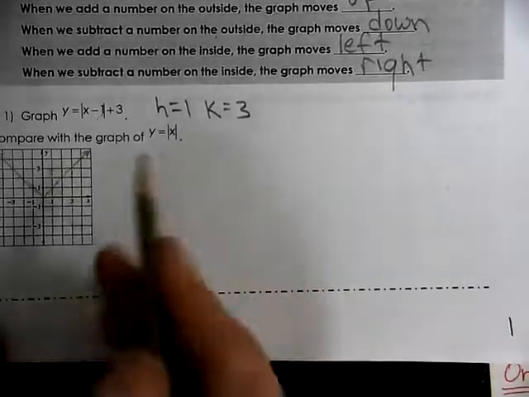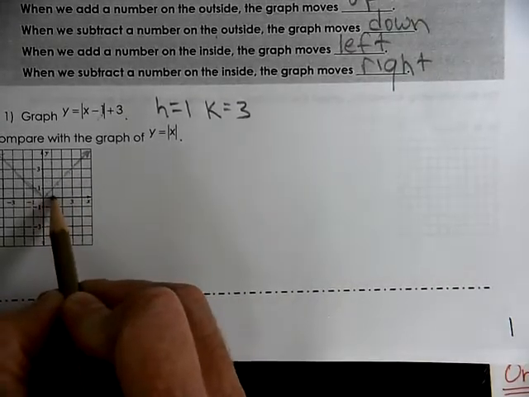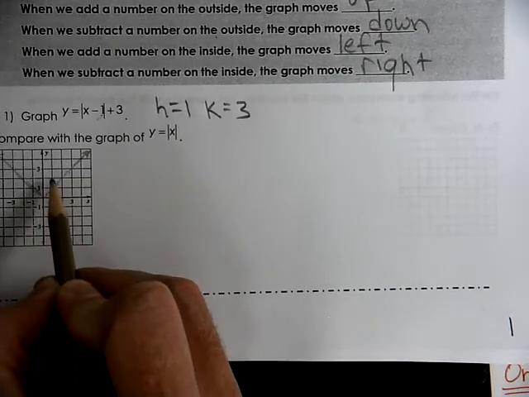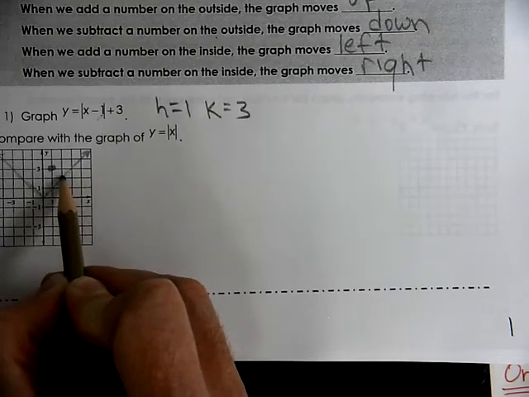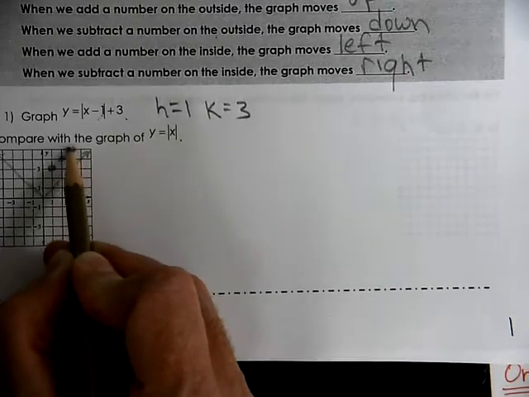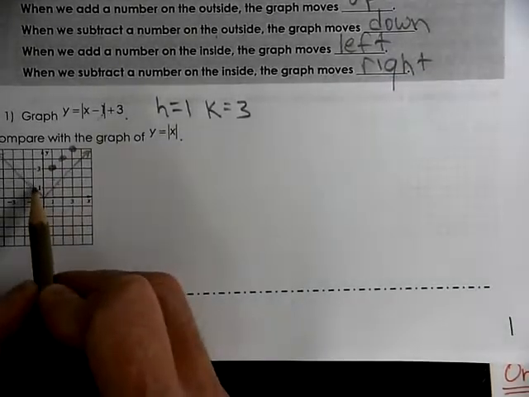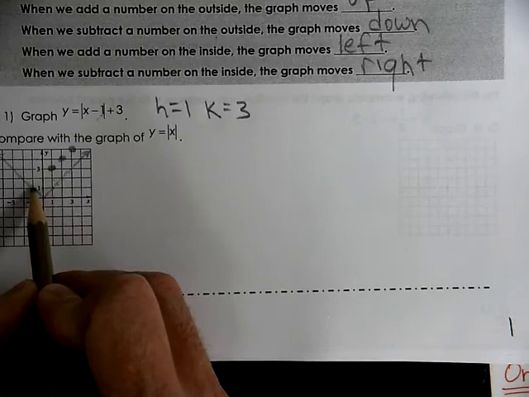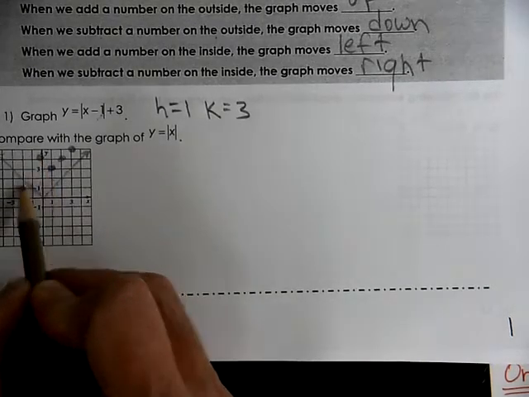So we're going to take every one of the points of the parent function and move 1 to the right and 3 up. Take the next point, 1 to the right and 3 up. The next point, 1 to the right and 3 up. All the way to the edge of your graph. Any point that you know for sure on the graph is going to move 1 to the right and 3 up.